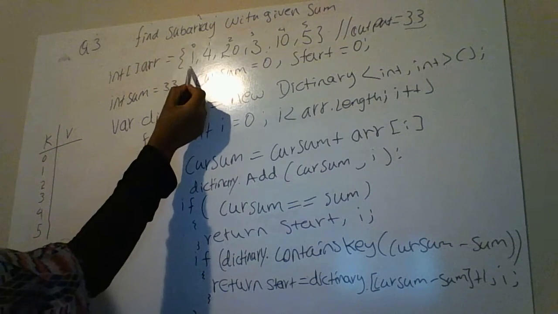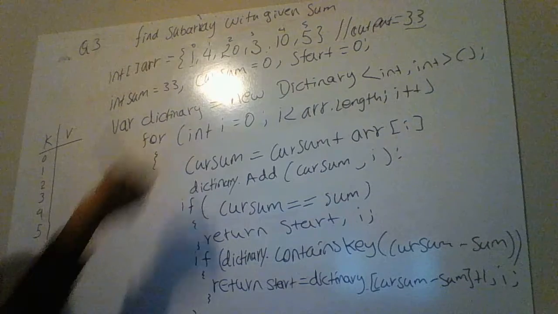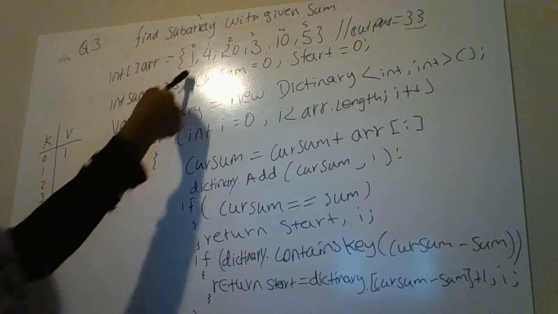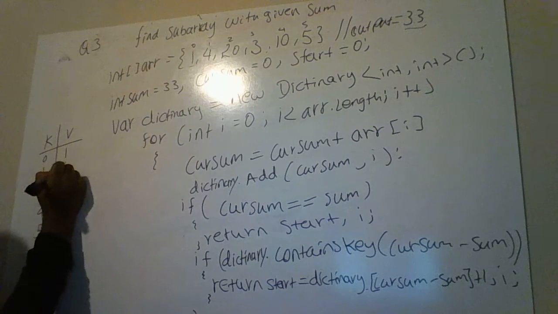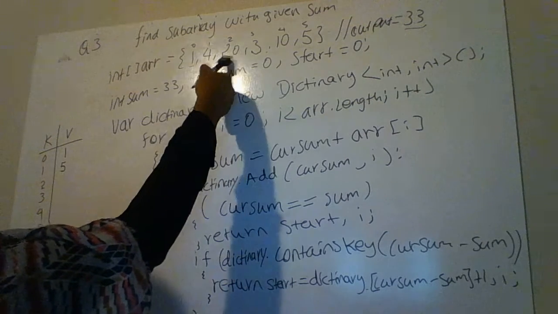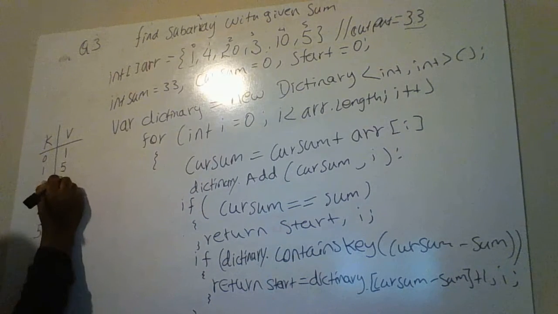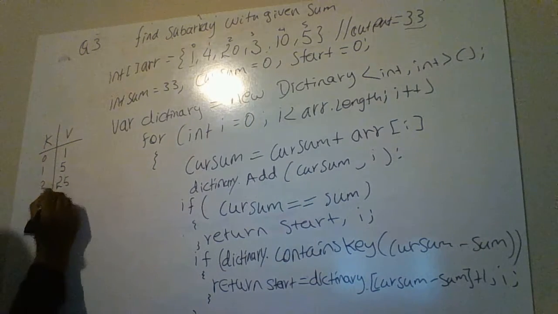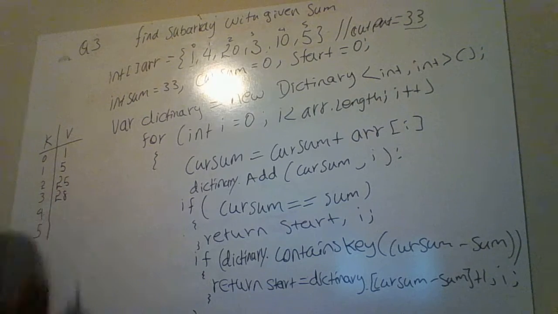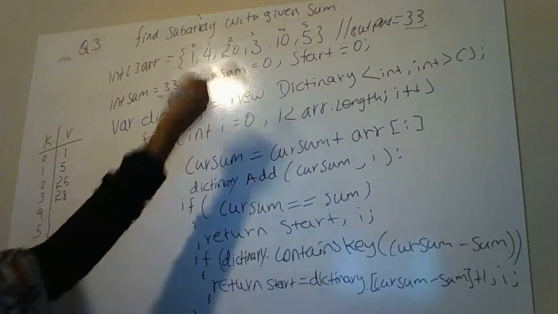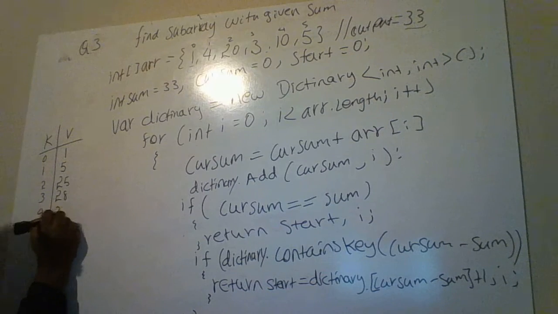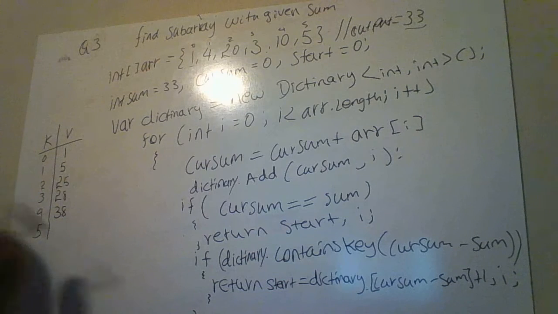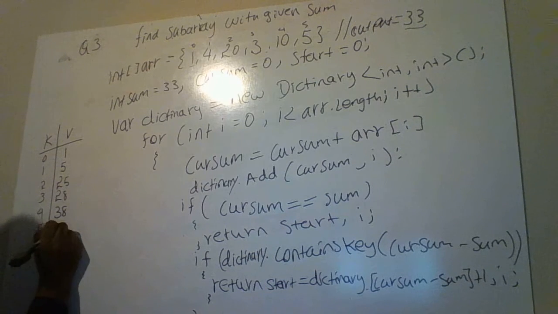So at index 0 I have 1, and then at index 1 I have 1 plus 4, which gives me 5, and then at index 2 I have 20 right here, so 20 plus 5 gives me 25, and then index 3, 25 plus 3 gives me 28, and then index 4 I have 10, so 10 plus 28 gives me 38, and then at the end I have 5, so 38 plus 5 will give me 43.